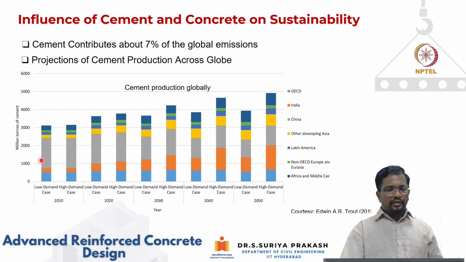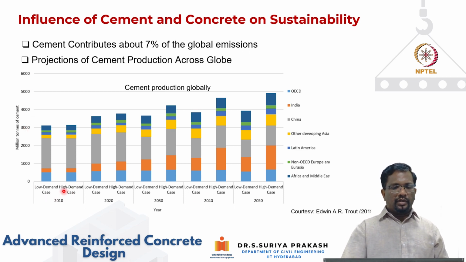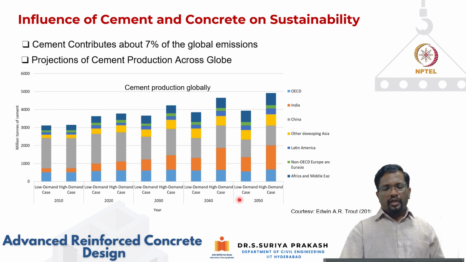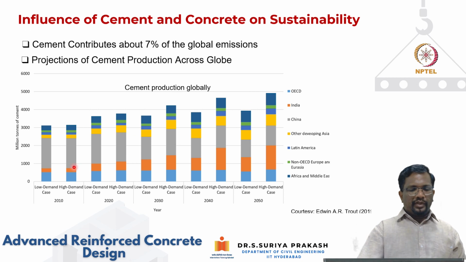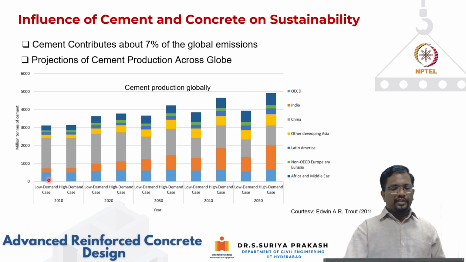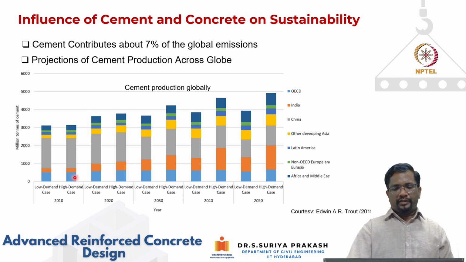It projects millions of tons of cement on the y-axis, and the x-axis shows how cement production is increasing in different countries from 2010, and projects how it will stand in 2050. In each year we have considered two cases: a low demand case and a high demand case, right?